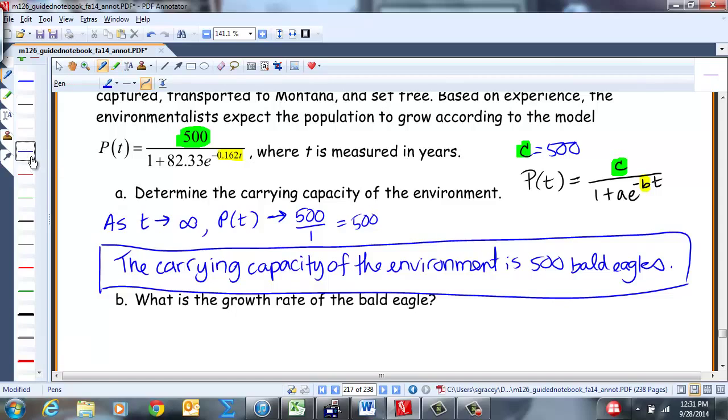B is positive because the sign in the logistic model is negative. If B was negative, it would have turned positive because of that negative in the formula. So B is 0.162. In a percentage, the growth rate is 16.2%.